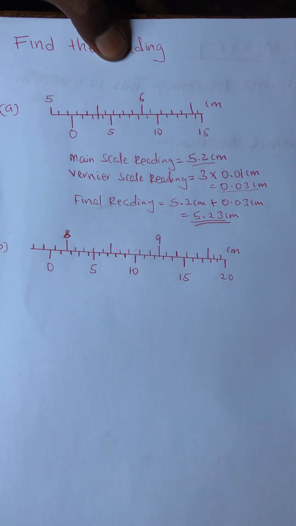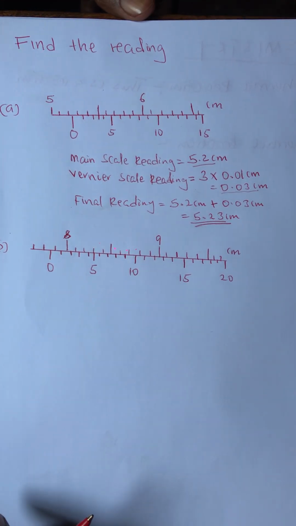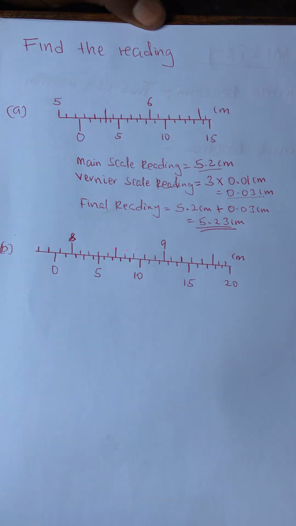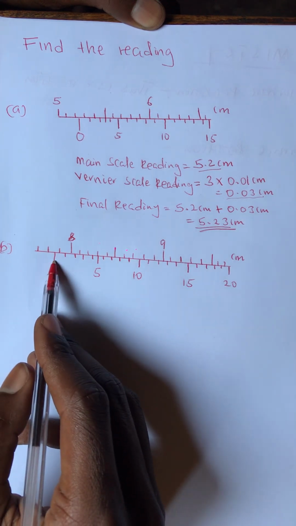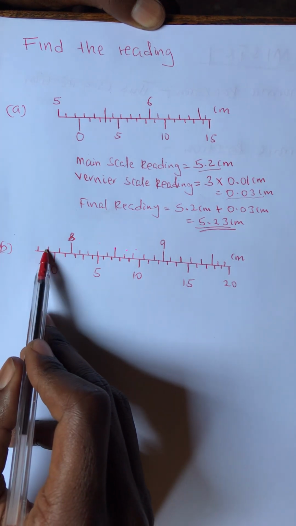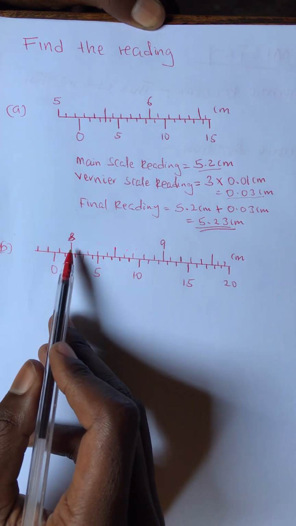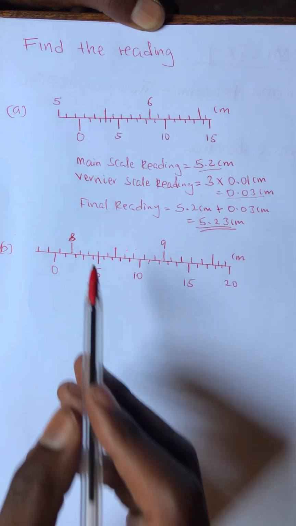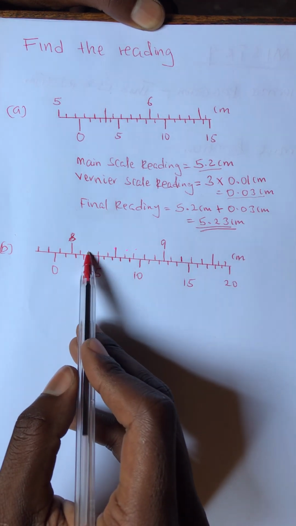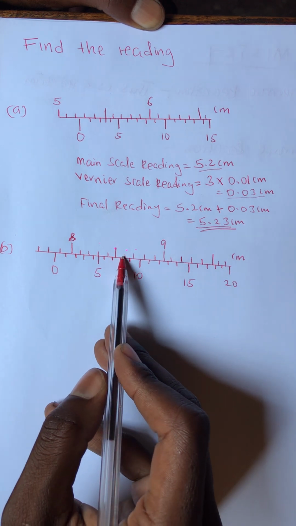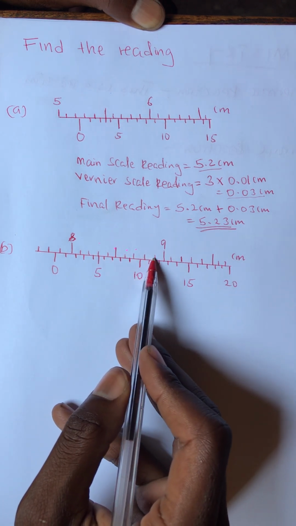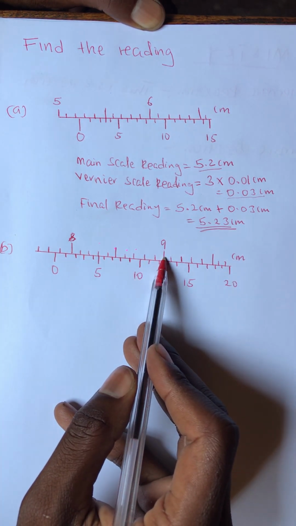The next question, feel free to pause the video and then attempt the question. So the next, we are looking for this value here just before the zero. Now as you can see, this is 8. Let's get to know how we are counting. 8, 8.1, 8.2, 8.3, 8.4, 8.5, 8.6, 8.7, 8.8, 8.9, 9.